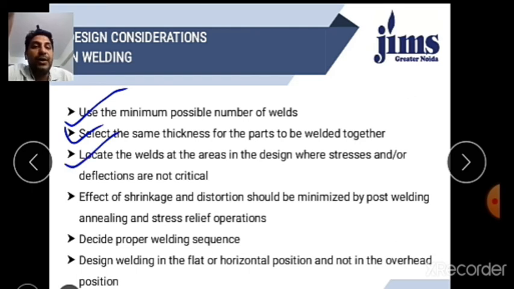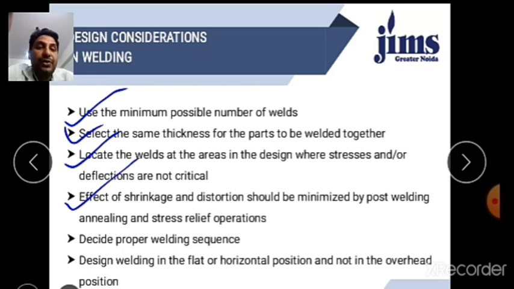Next point is locate the weld at areas of the design where stresses and deflections are not critical. Since welding is an additional part, try to do welding where stress concentration and deflection are not very critical.